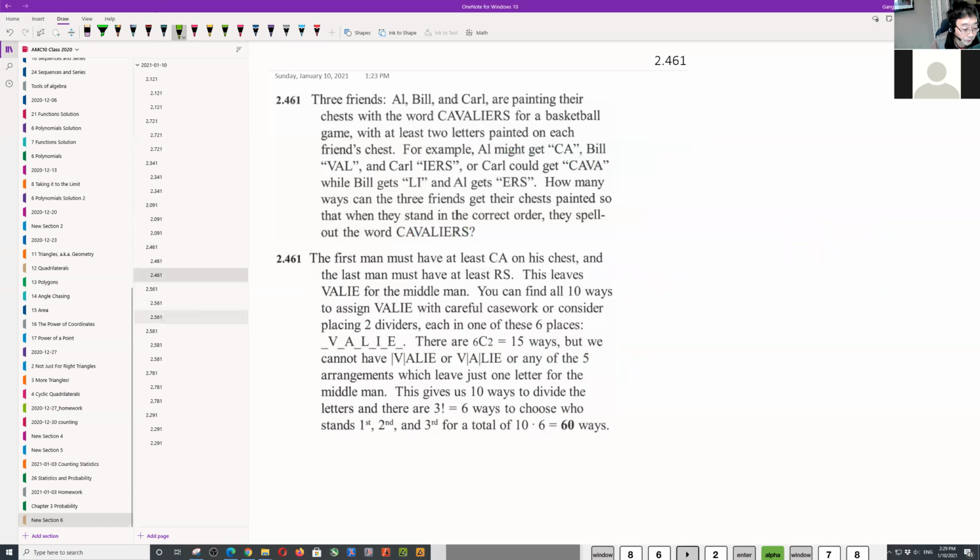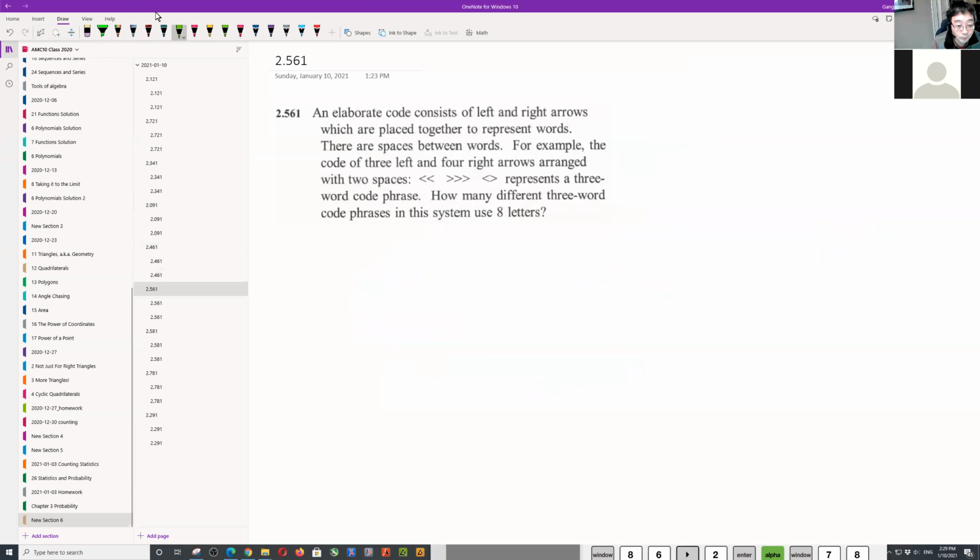Let's check the result. So this problem is that an elaborate code consists of left and right arrows, which are placed together to represent words, and there are spaces between the words.